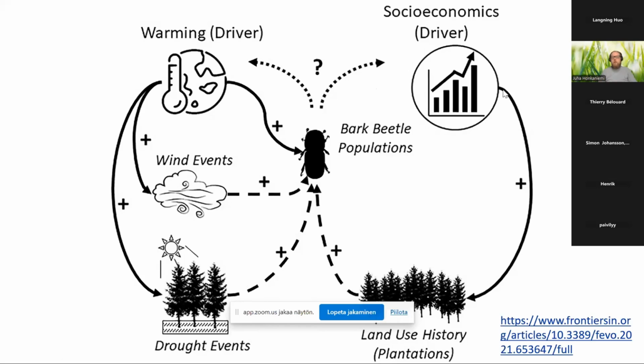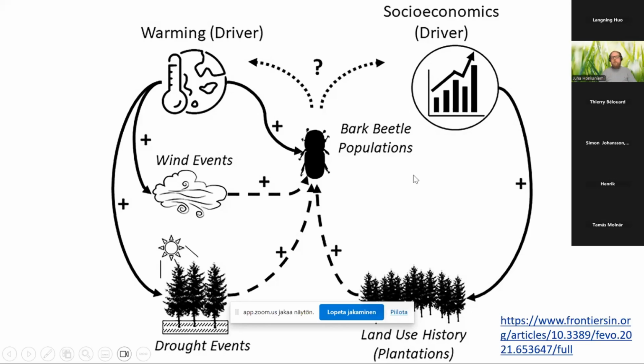Another important aspect is the host. So how, for example, past or different socioeconomic drivers, such as past timber prices, have affected the tree species composition in Finland, in Fennoscandia, or in Europe as a whole, and how that has increased the planting of Norway spruce also outside the natural range.